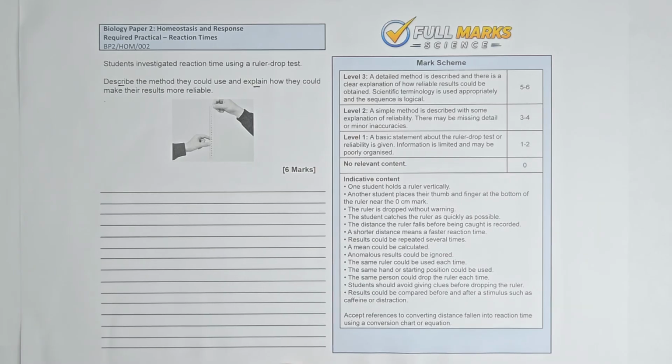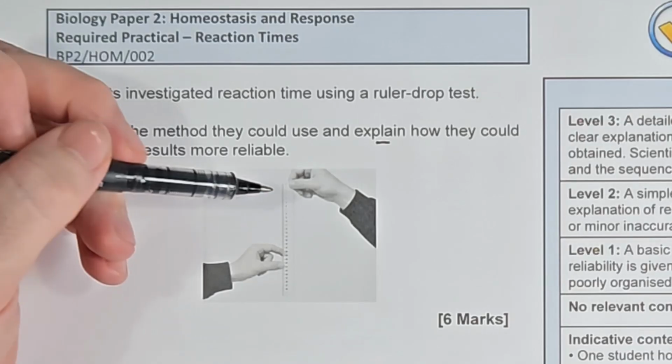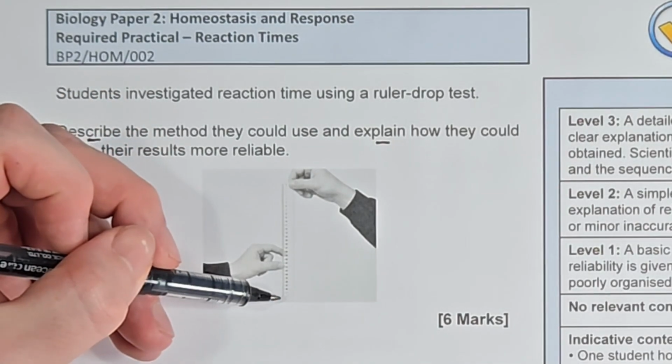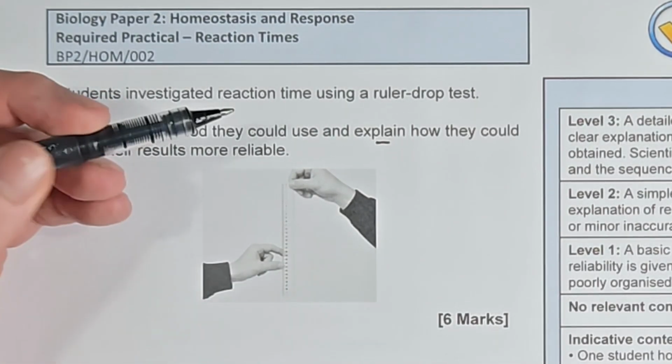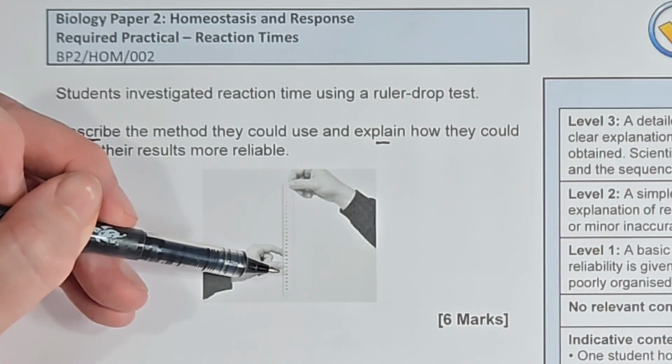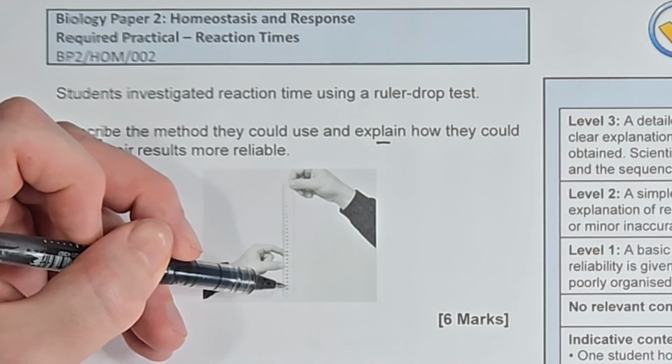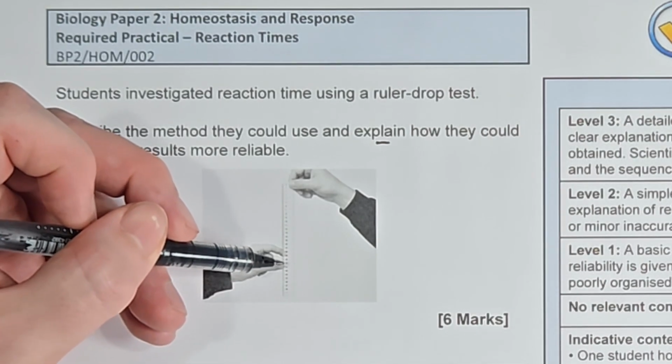So what we want to do is start off and think about what is happening in the practical. We have a ruler and we're dropping it, holding it at the bottom at 0, and then the person is grabbing it as quick as they can and then measuring how many centimeters have passed until they grabbed it.